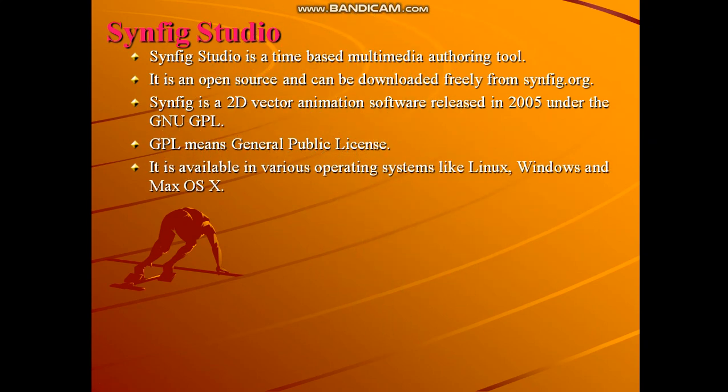It is available in various operating systems like Linux, Windows and Mac operating systems. These are the three most popular operating systems nowadays. Actually, there are several operating systems available worldwide, but most popular operating systems are three. In these three operating systems, Linux is open source.